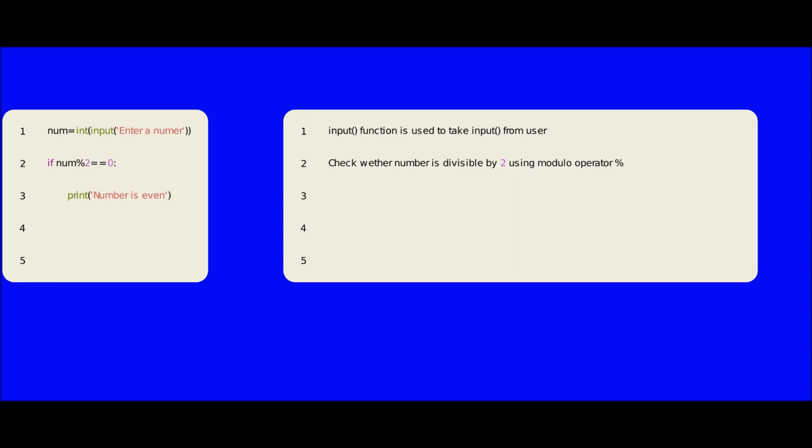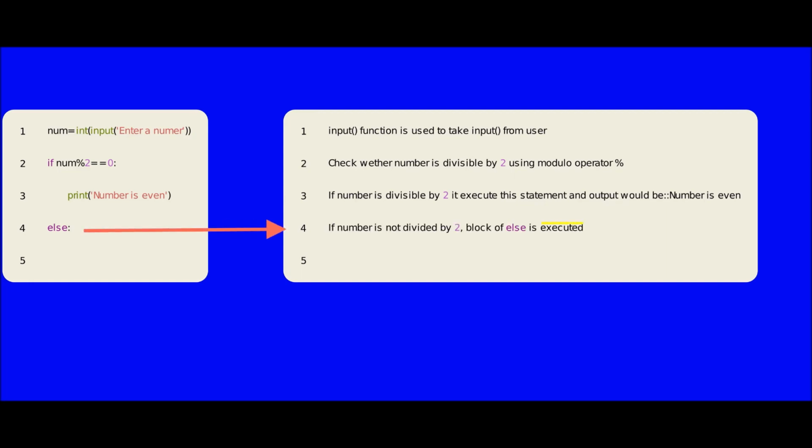However, if you take input 5, what will happen? The expression num modulus operator 2 will not be equal to 0, so control will get transferred to else and the block of else will get executed.